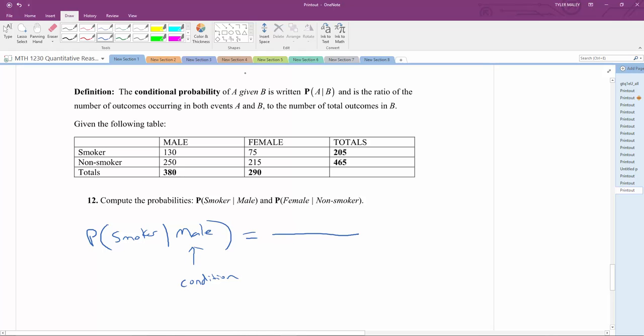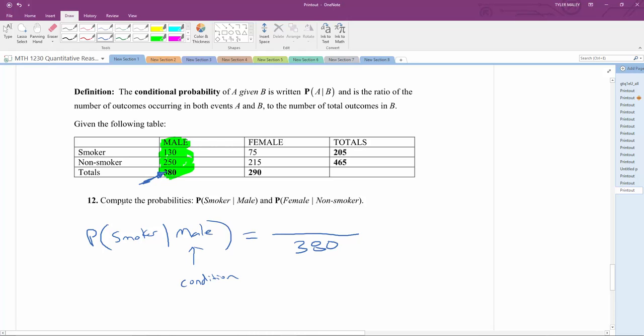So I don't care about females, right? Because I'm already told we're given a male. So I'm only worried about this column, right, of males. So how many males total do I have, right? Well, I have 380, right? So that's my total number in the sample space, my total number of outcomes, right?